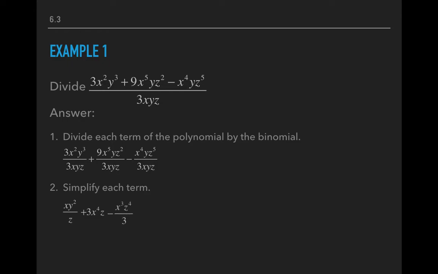Then for the last term, you can divide out one x, you can divide out the y's, you can divide out one z, so you have z cubed times x cubed times z to the 4th all over 3. That would be your simplified final quotient. That would be your final answer. So that's dividing by a monomial.